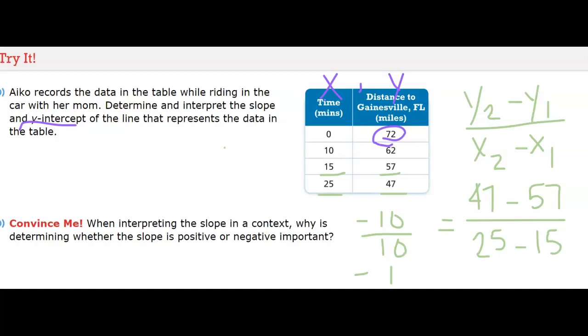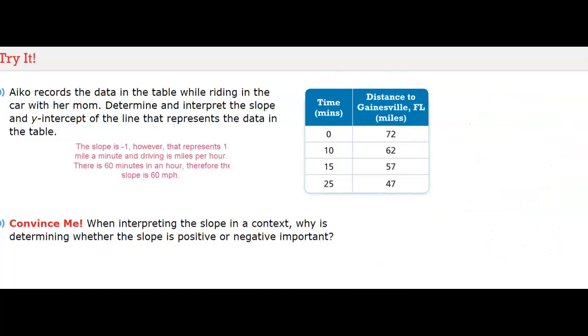So the slope of this table would be negative 1. The slope is negative 1. However, that represents 1 mile a minute because that's what the data represents. And driving is miles per hour. So if the distance is changing 1 every minute, we want to know in an hour how the distance is changing.